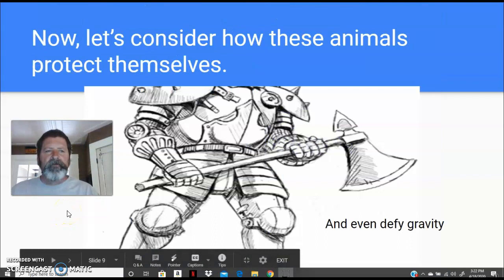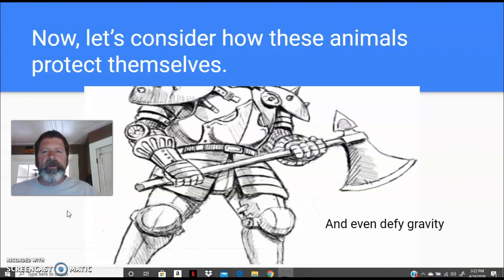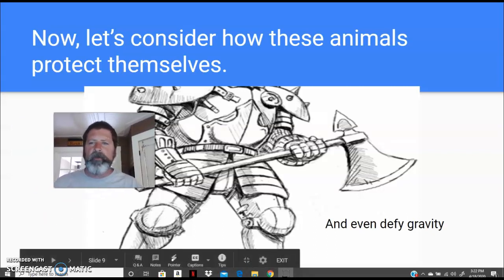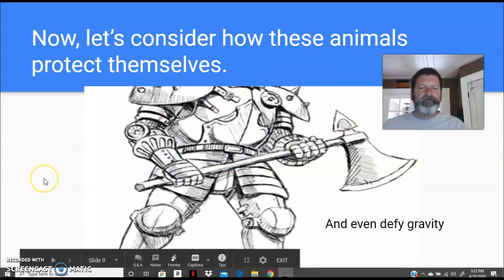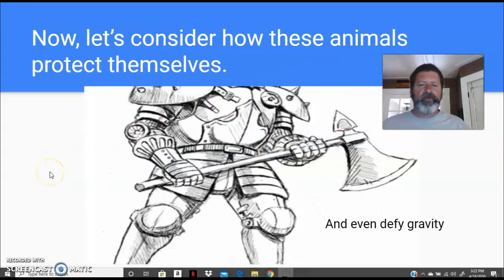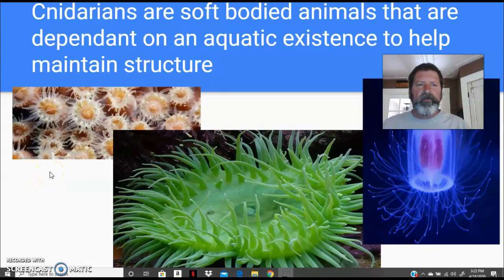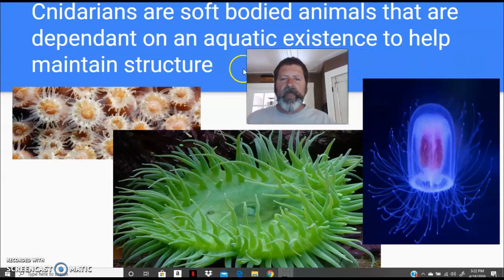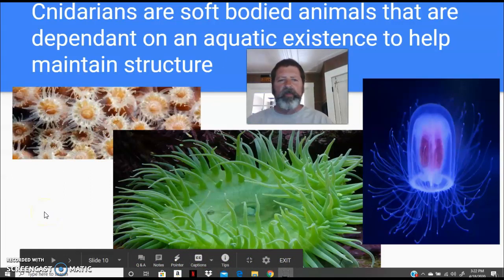Okay, next we're going to consider how these animals protect themselves and hold themselves up, give themselves structure. So there's a variety of different ways in the invertebrate classification that do these things. So for example, the Cnidarians mostly live in water, and they use that water to shore their body up, hold their body up, give them structure.